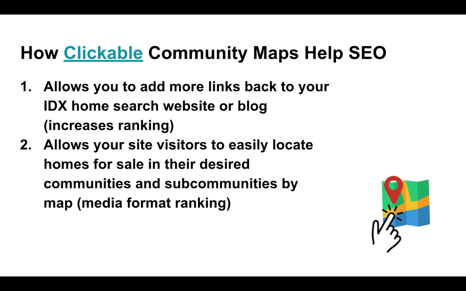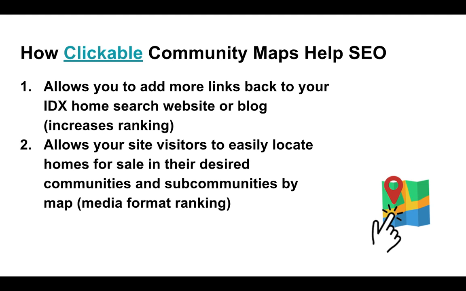Number two, it'll allow your site visitors to easily locate homes for sale in their desired communities and sub-communities by map, which is a media format ranking. So there's different types of media that Google takes into account to help rise certain pages and posts in ranking, and it takes into account things like, does this web page have text?